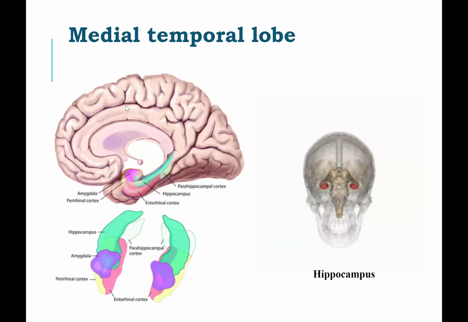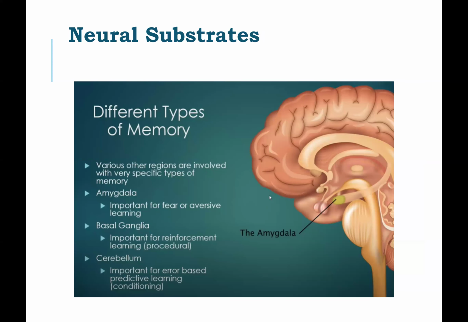All right. Before we move on, we're going to talk a lot more about hippocampus, but I'm just going to mention a few things. For example, like we looked at amygdala. I think I briefly mentioned it. Some of you read a paper on amygdala for your second assignment. It's very important for fear or aversive learning.